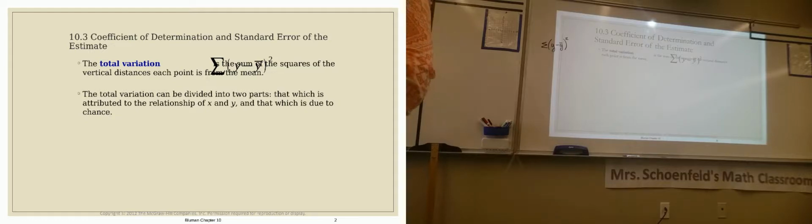I don't think so, so we'll just do it by hand right now. The total variation can be divided into two parts: that attributed to the relationship of x and y, and that which is due to chance.